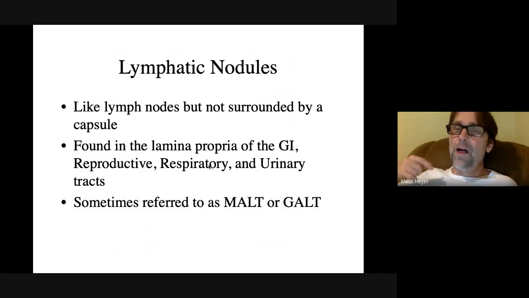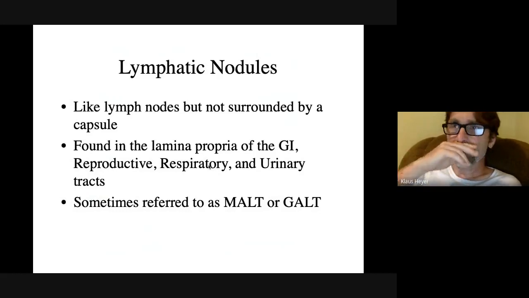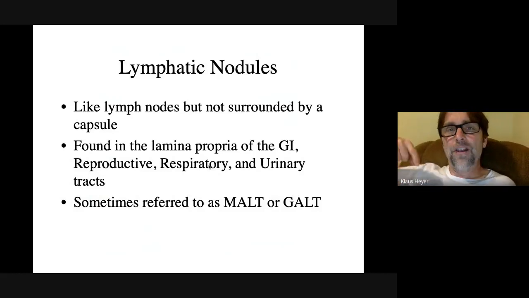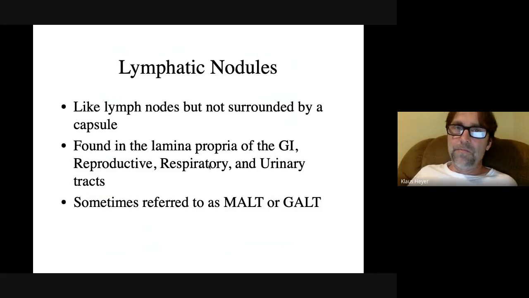So if you swallow something, let's say I eat some old food and it's got bacteria in it, there's a good chance that that bacteria is going to go all the way down my esophagus and land in my stomach. My stomach is what? Acidic.